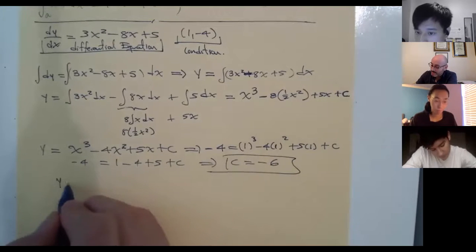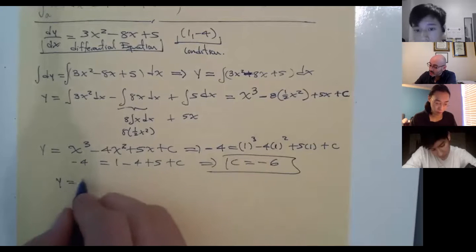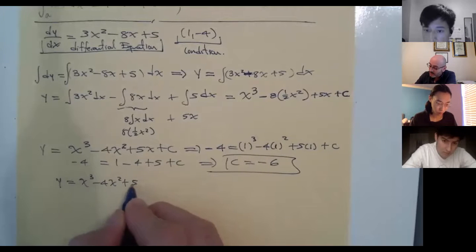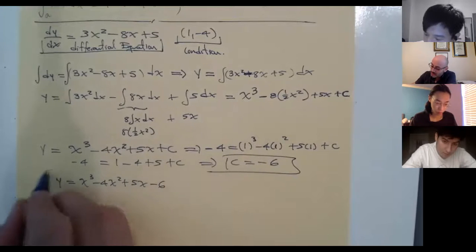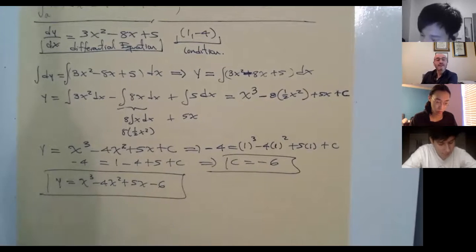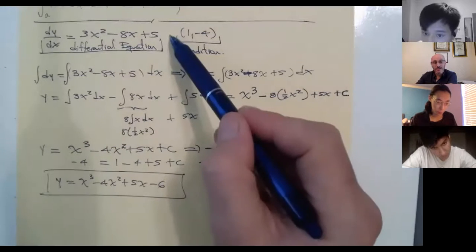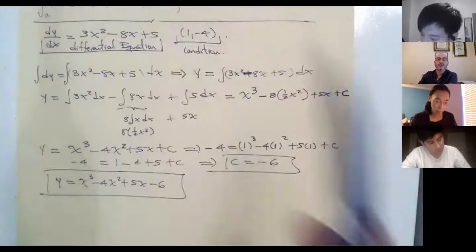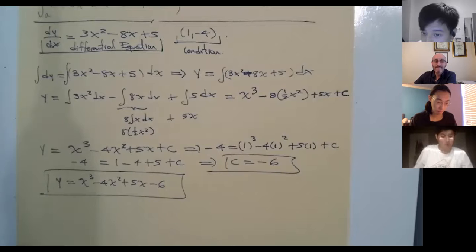So y is then equal to x cubed minus 4x squared plus 5x minus 6. And that is the curve that satisfies this differential equation, given this condition. All right. Any question?